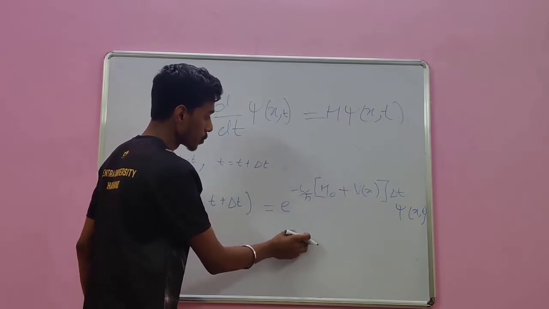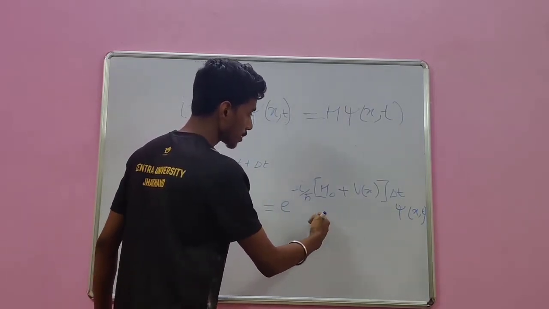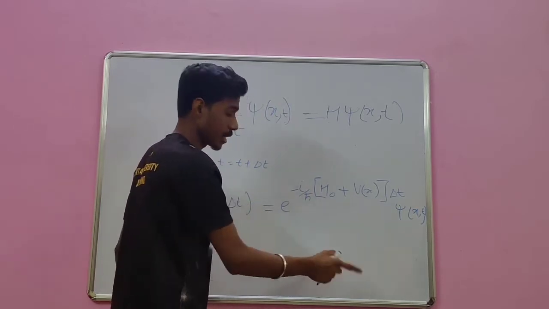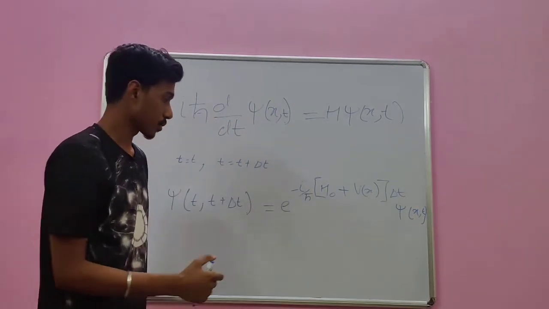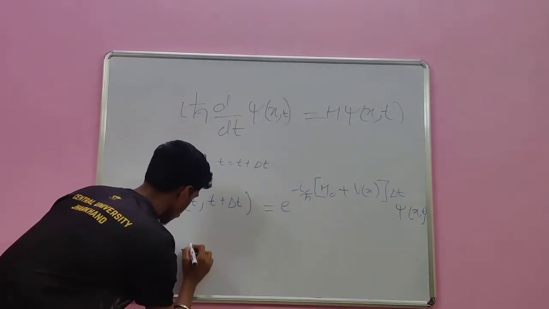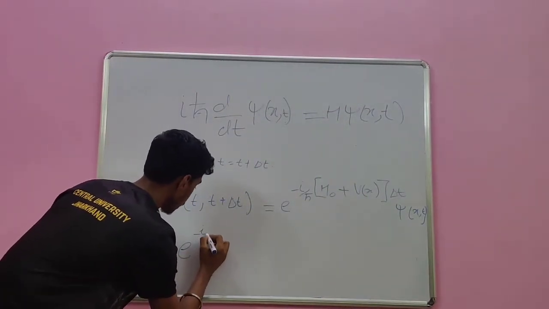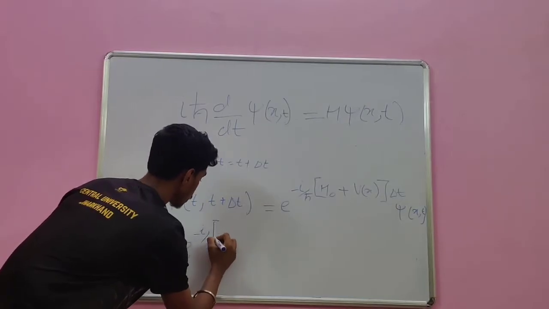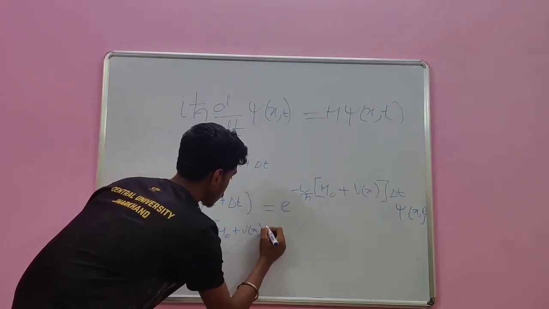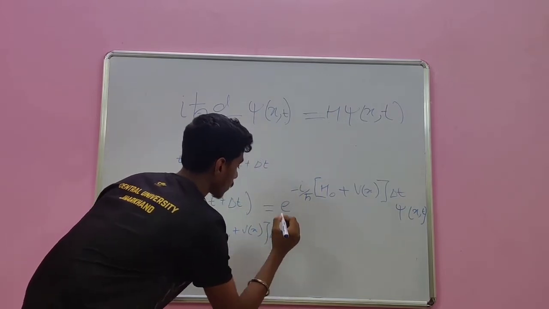Now here we will separate these terms and use them as gates in quantum computers. So we separate the terms, like e to the power minus i by h cross (H naught plus V(x)) delta t.